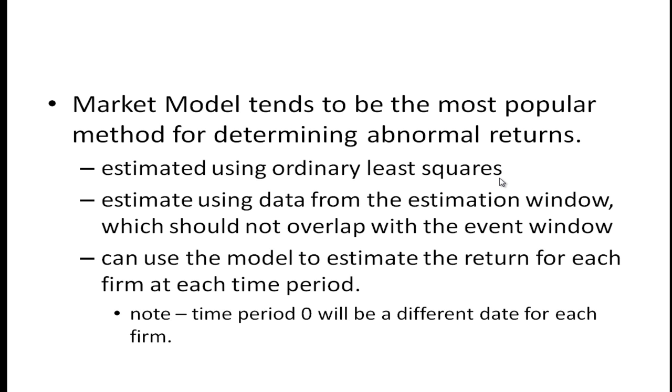And again, time period 0 is going to be a different calendar date for each firm. You may even have a firm that's in there more than once. If a firm has announced stock splits several times, they may be in the data set several times, but each stock split announcement is going to be time period 0 for them.